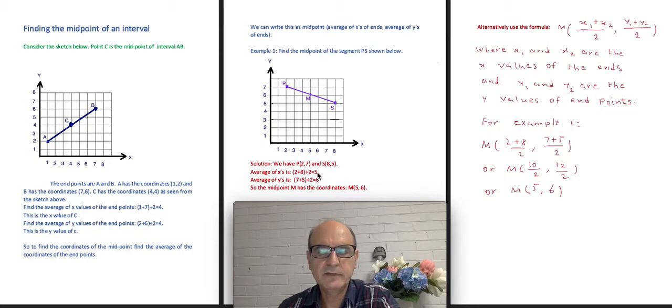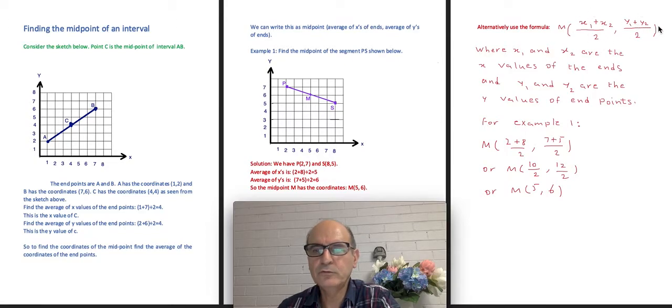So this way I find the coordinates of M. So the x of M is what I got for the average of x's, which is 5, and the y of M is what I've got for the average of y's, which is 6. So M is 5, 6.